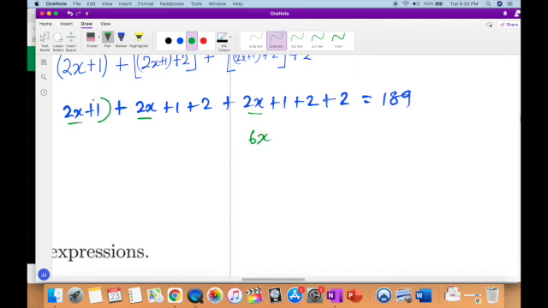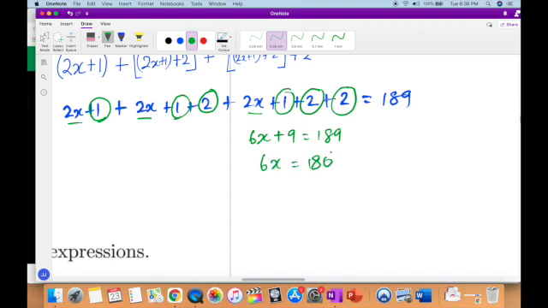And then we have 1 plus 1 is 2 and 2 is 4, 4 and 2 is 6 and 2 is 8 and 1 is 9. So 6x plus 9 is equal to 189. So 6x is equal to 180. Throw the 9 across and minus. x is equal to 30.